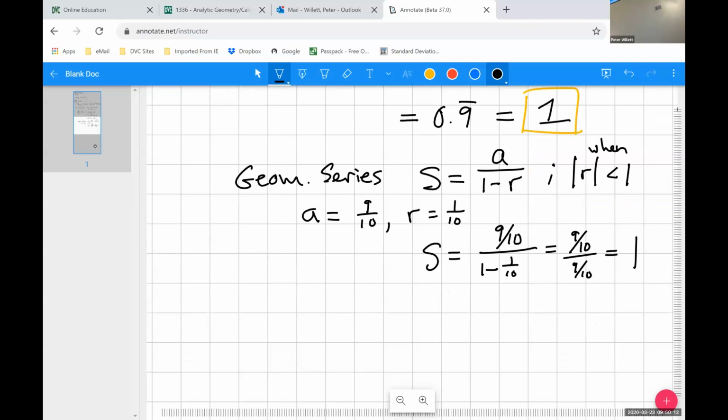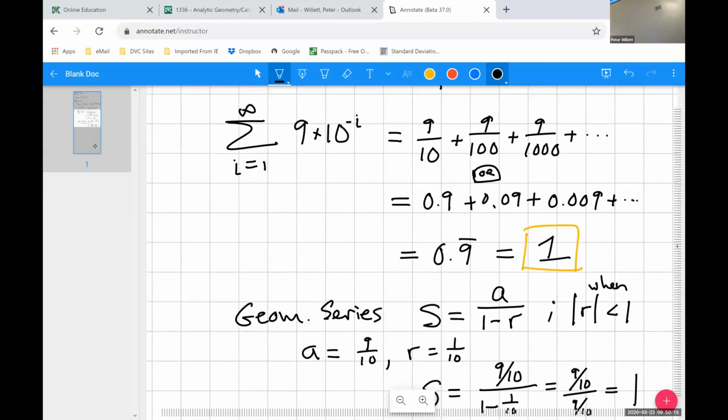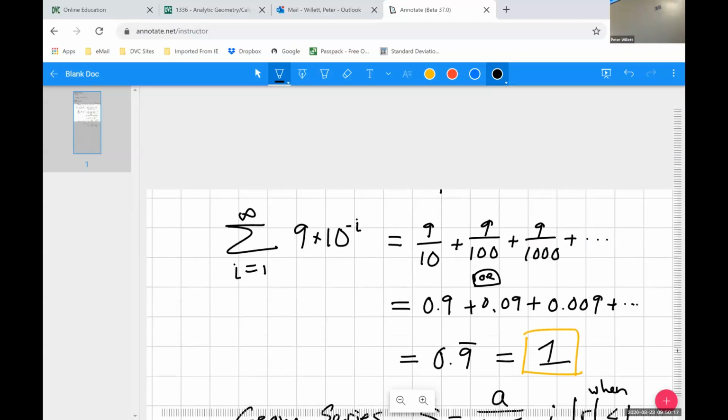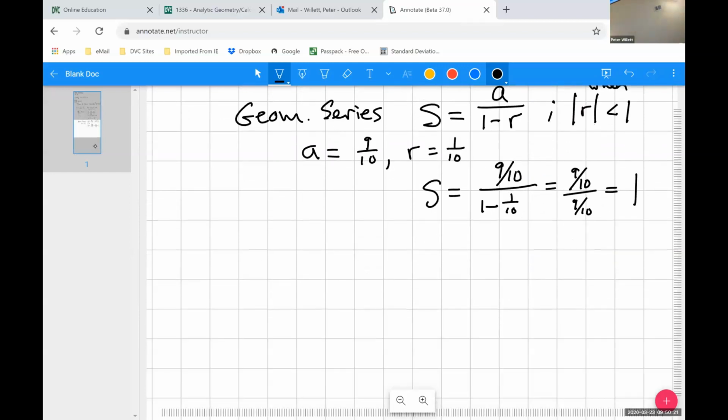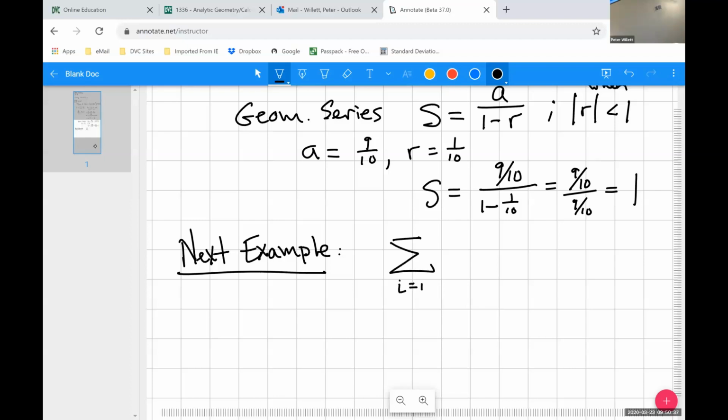So now let's consider another example. The next example is we're going to have the summation as i goes from 1 to infinity of 1 over i.